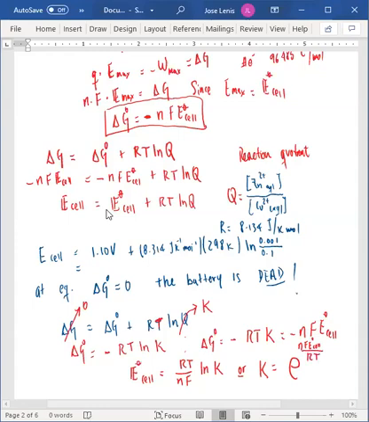And this is what we call the Nernst equation. I promise I will show you different ways to calculate the equilibrium constant. And this is another way. All right.